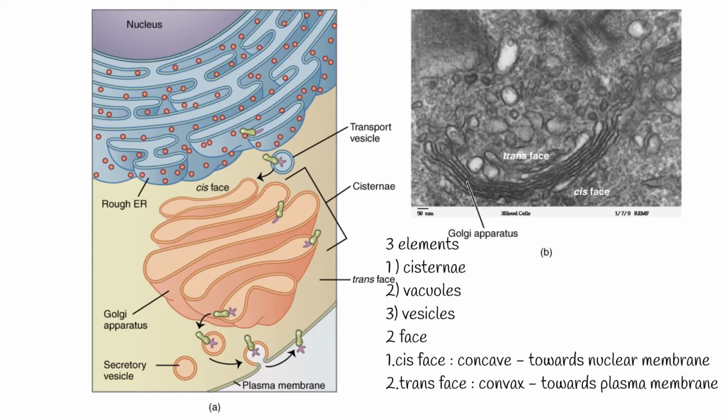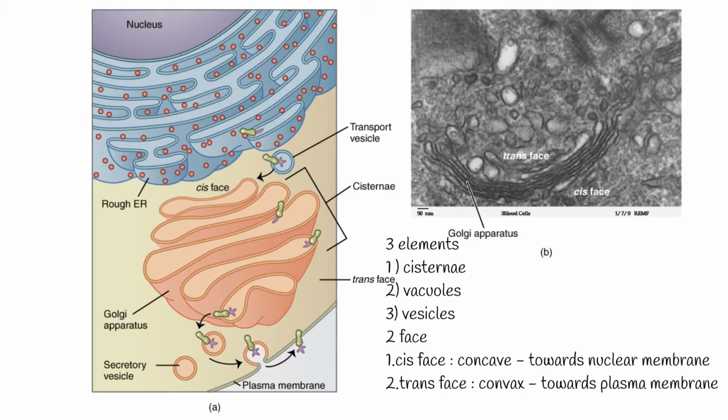Golgi is polar in nature. The cisternae are slightly curved and their ends are swollen. They are placed one above another in a stack-like structure, and the cisternae may be interconnected with the help of small connections.